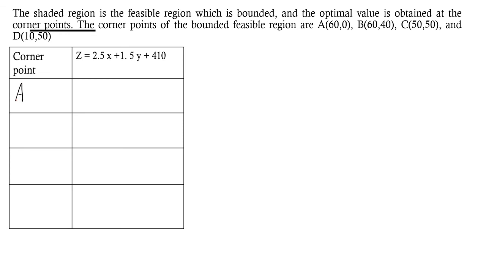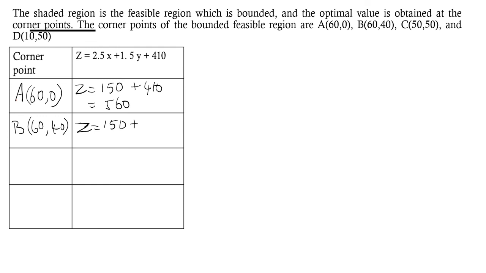So the first corner point is A 60, 0. Z is equal to 2.5 into 60 plus 410, it is 150 plus 410, this is equal to 560. The next corner point is B, 60, 40. The value of Z, substituting here, 2.5 into 60, 150 plus 1.5 into 40, 60 plus 410. This is equal to 620.